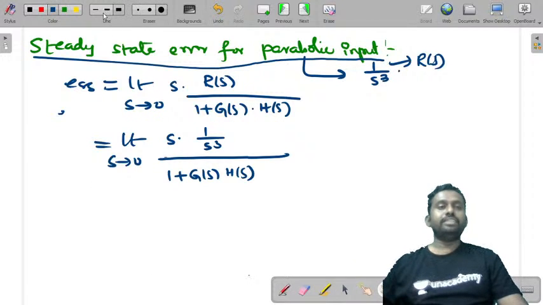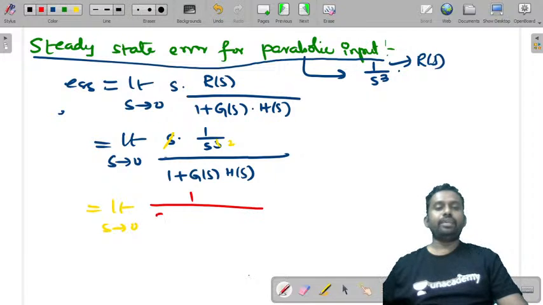Now if you cancel out one s here, you'll have s square, so it is limit s tends to 0 1 by s square plus s square into g of s into h of s, g of s into h of s.